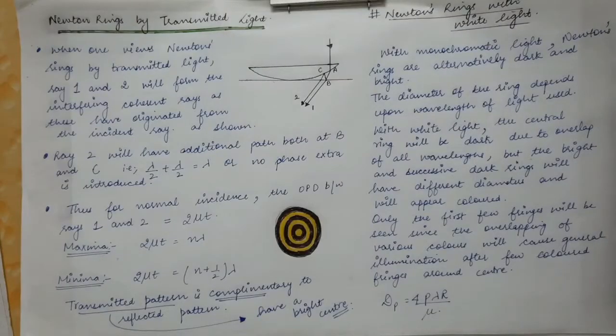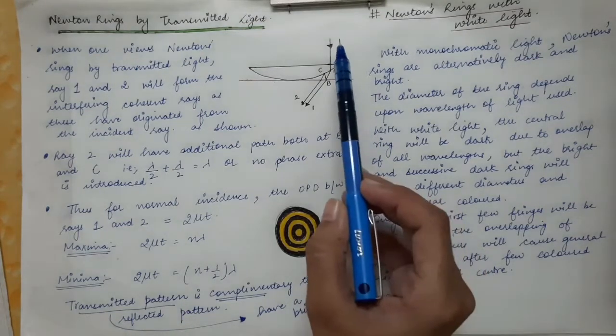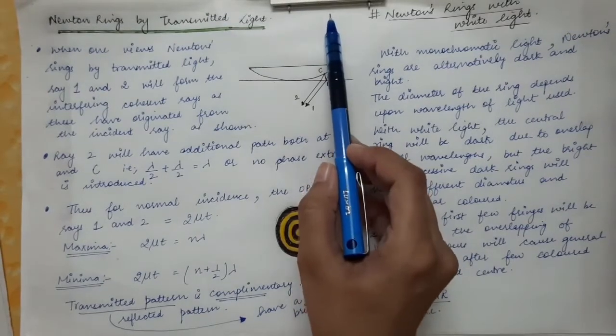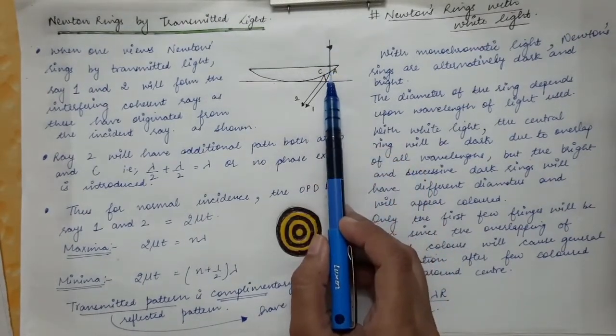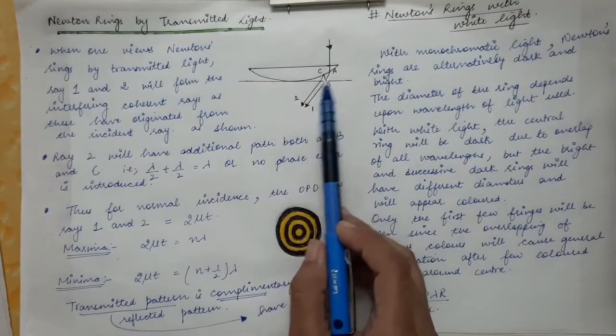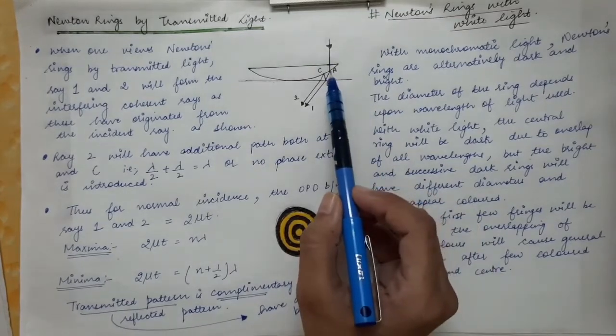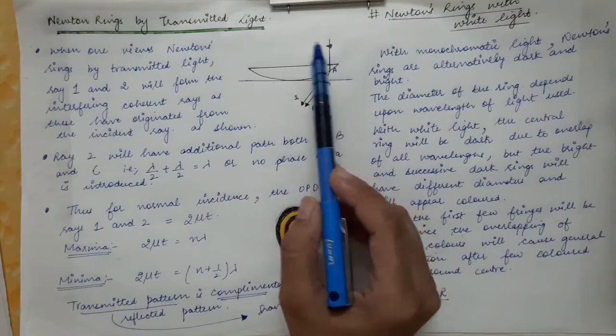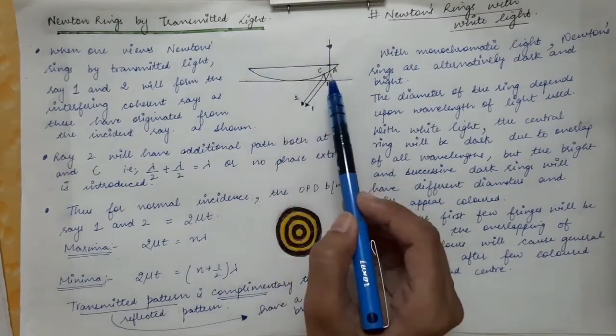Till now we have been doing the Newton rings which are formed by the reflected light. Now the Newton rings are also obtained for the case of transmitted light. So what is the transmitted light in the case of the Newton ring experiment? The light is made to fall normally on the lens or on the thin film. At point A the light ray will get reflected, but now we are just talking about the transmitted light.